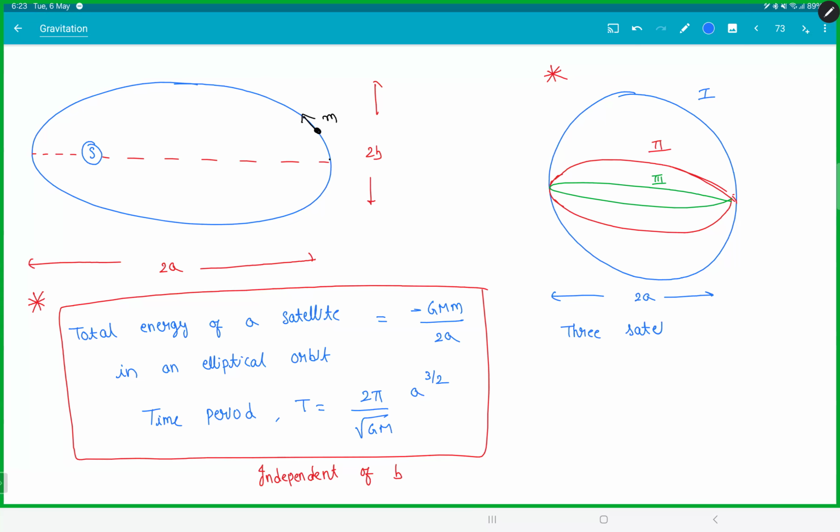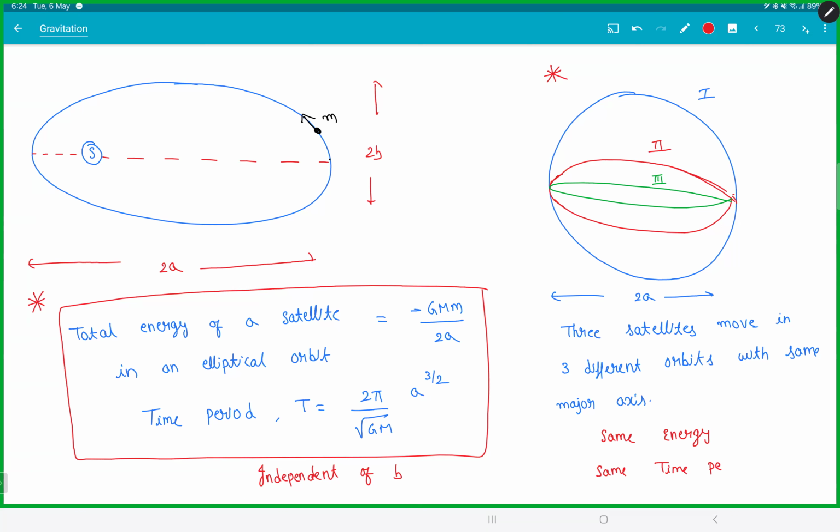It is all same. They all have same time period. They all have same energy. Then what is different between them?